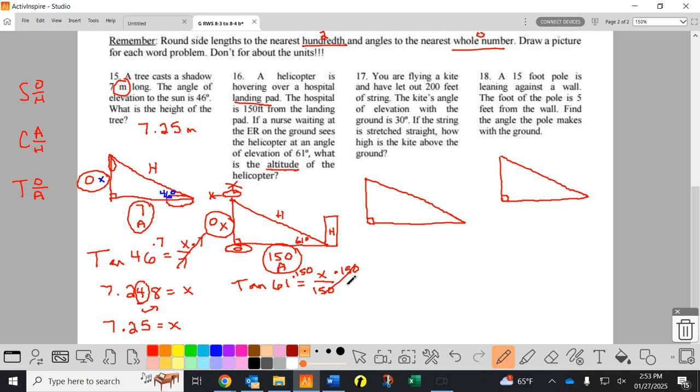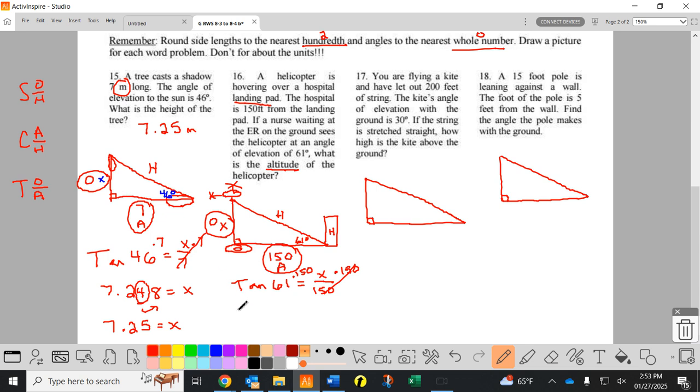Oh wait, clear our calculators, because some of y'all didn't clear them out. 150 times 61 tangent equals. Remember, we're going 2 decimal places out, and we do need to round here.